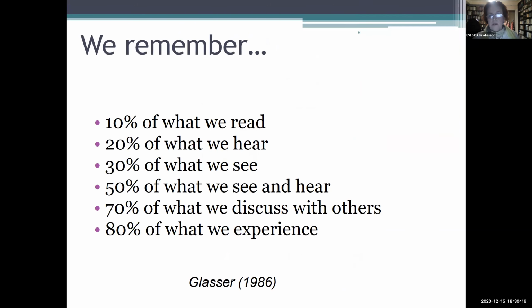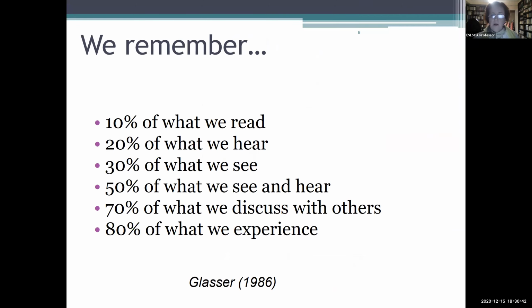Moreover, according to research about how much people remember, you can see from this sequence, the first three are just the five senses. You read, you hear, you see. Then you combine seeing and hearing, you get up to 50%. And then what you discuss with others, you probably remember more. And what you did, you remember even more.